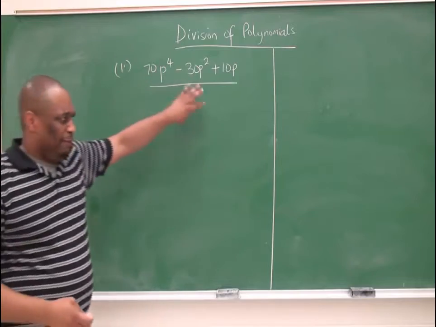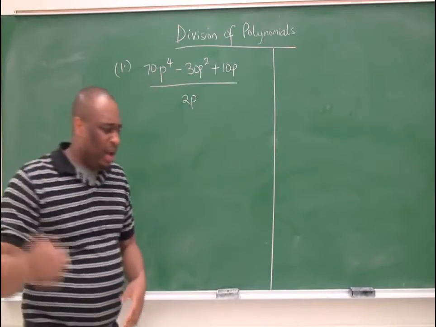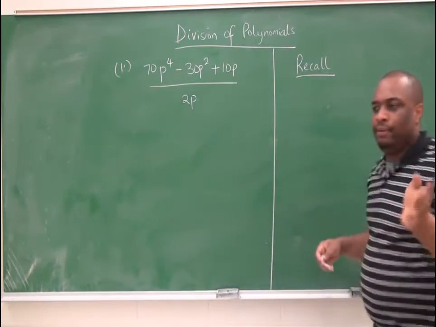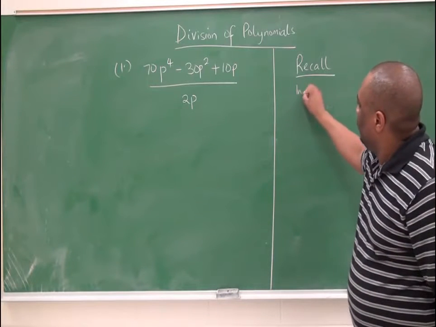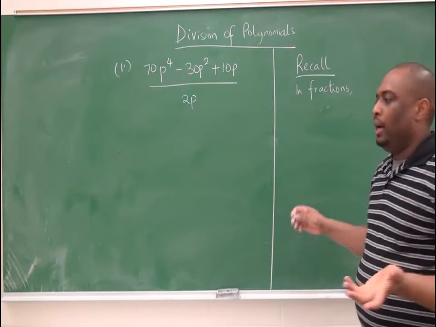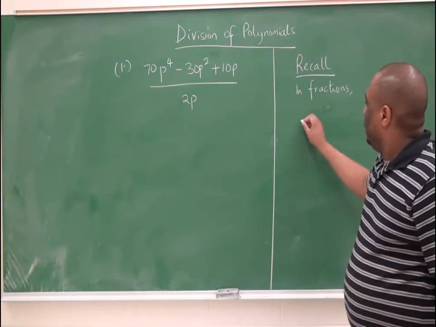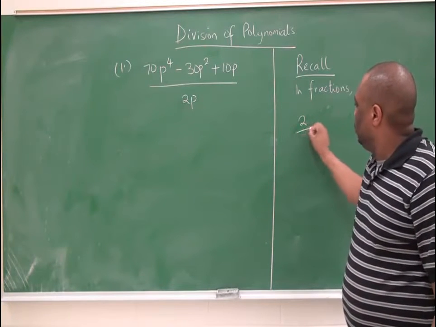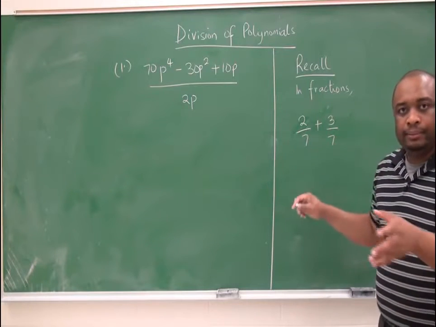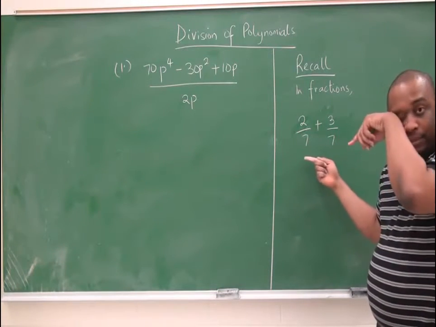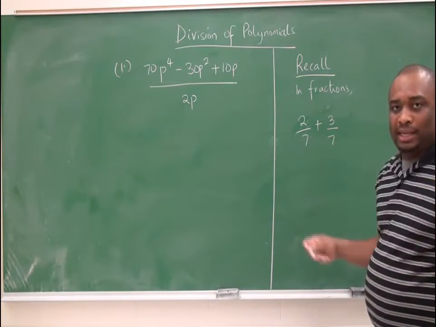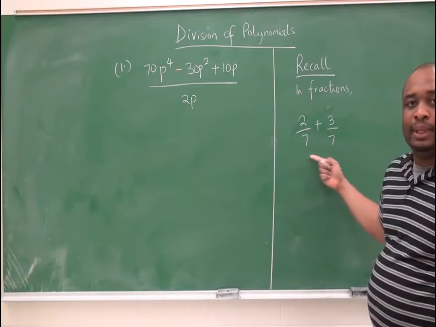Before you do this, recall this. When you have fractions, remember when you have something like 2 over 7 plus 3 over 7, because this has the same denominator, the 7, you can easily add the numerators.